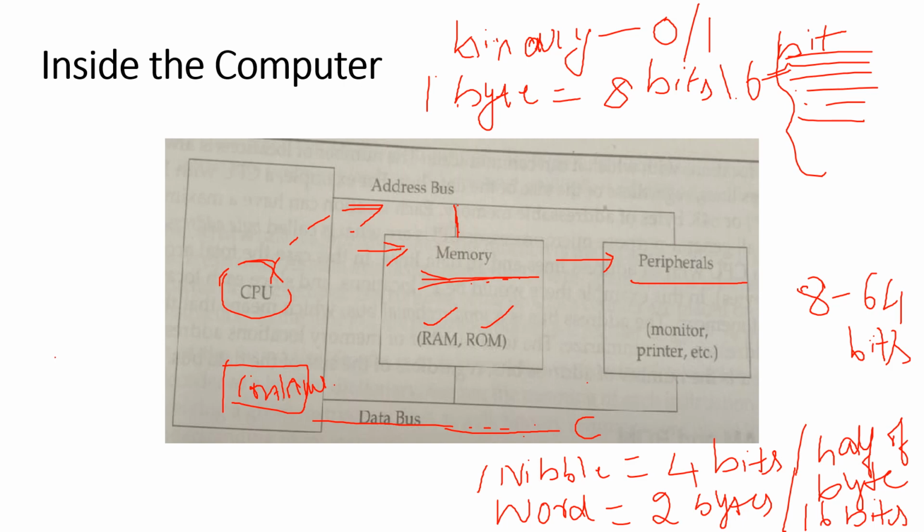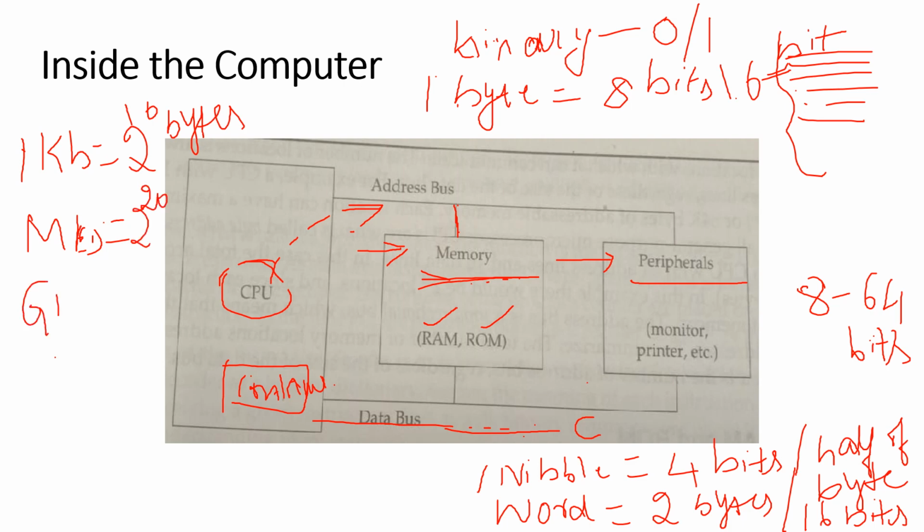Now, relative to the size of these, we also try to express the memory in terms of how much memory it has. Fine, we tell it as 1 KB. 1 KB is equal to 2 power 10 bytes. Then we represent using MB, which is megabyte, around 2 power 20 bytes.